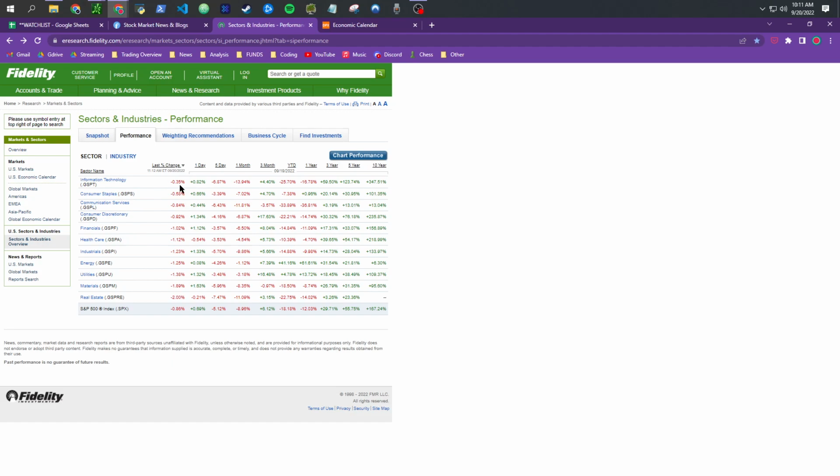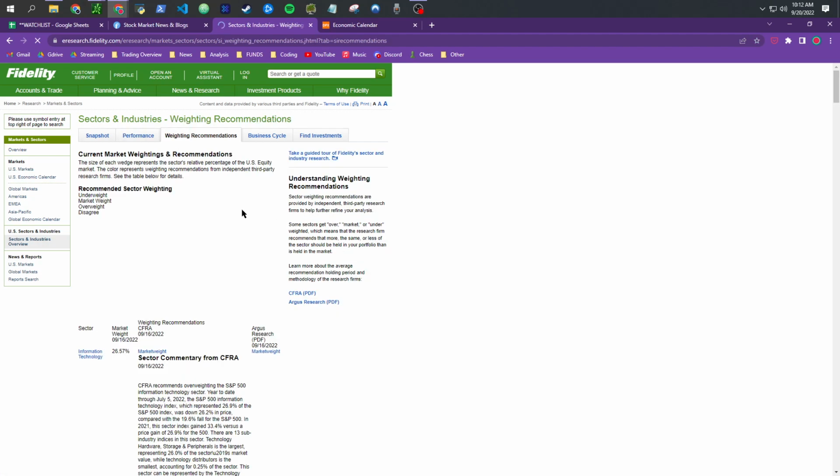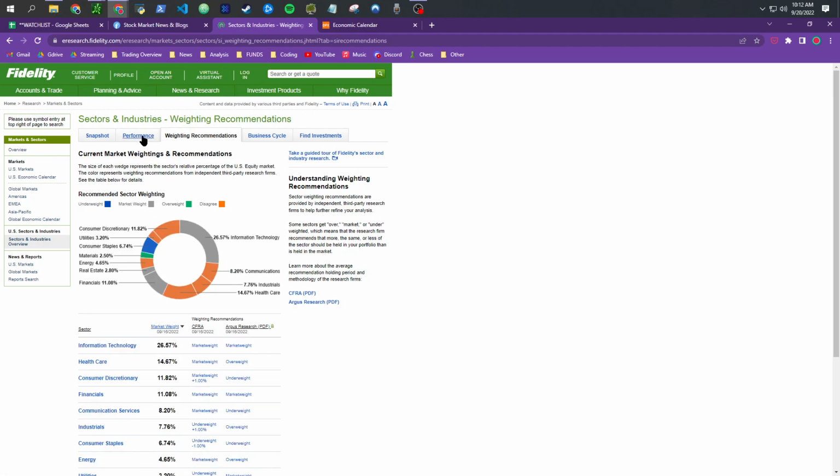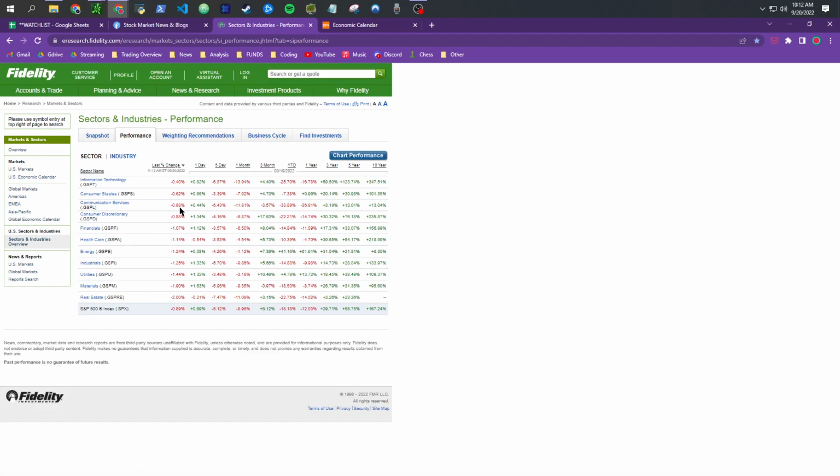Tech is leading. So that's interesting. I'm actually kind of bullish on tech at these prices. So yeah, it should be obvious as to why this is useful. And do they give weighting recommendations? Oh, no, they do. Okay, whatever. I don't really care too much about that.